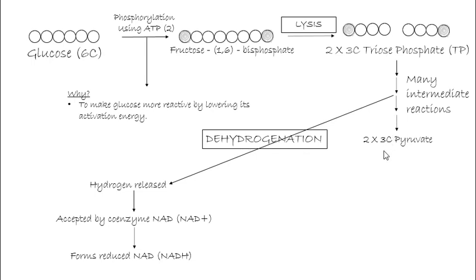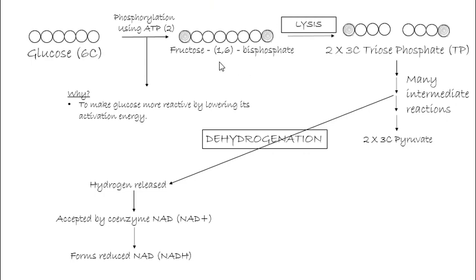And this would not be possible if glucose was a very stable molecule. Therefore, in order to make glucose more reactive or to lower the activation energy of the reaction, we convert it to a more unstable or a more reactive form called fructose 1,6-bisphosphate.